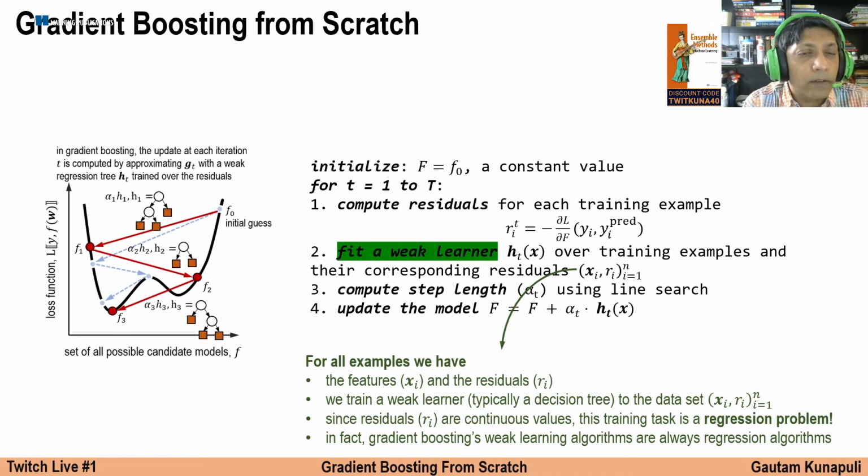This may sound a little confusing or counterintuitive at the start because you can say, hey, I'm really interested in a classification problem, but you're telling me that I have to fit a regression problem inside? And the answer is yes.